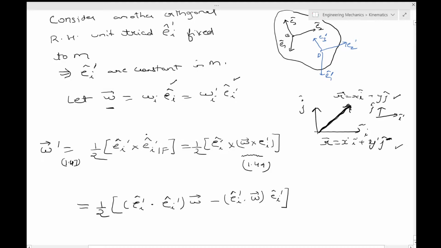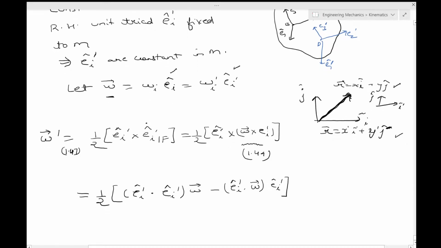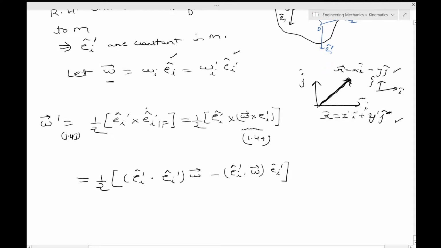Okay, how has this been written? This has been written because again we are applying the triple product rule over here. So A cross B cross C is equal to A dot C into B minus A dot B into C. Okay, so you can apply this and get to this stage.